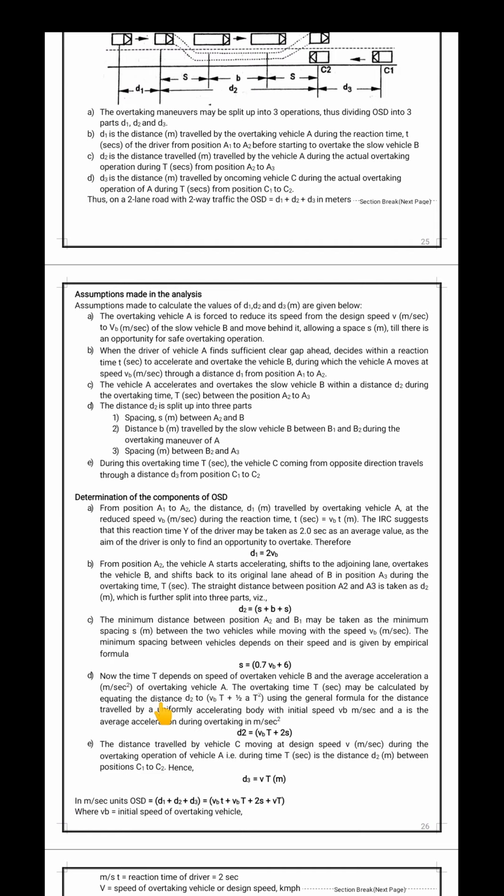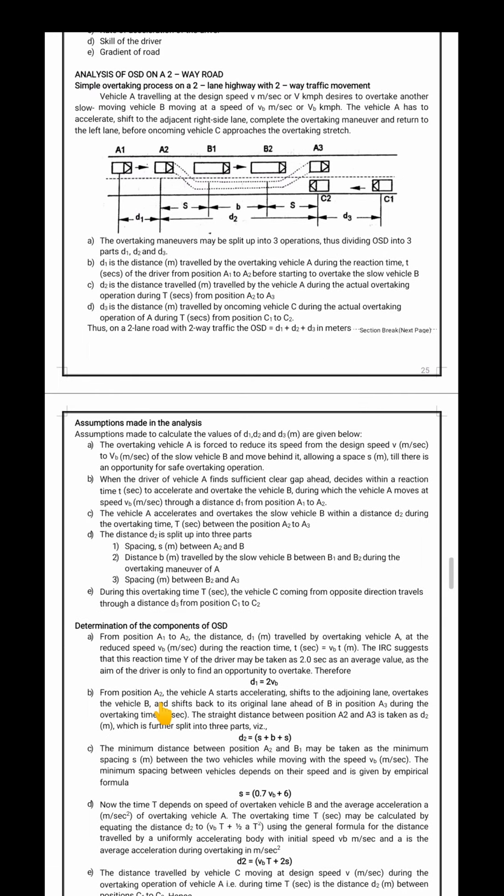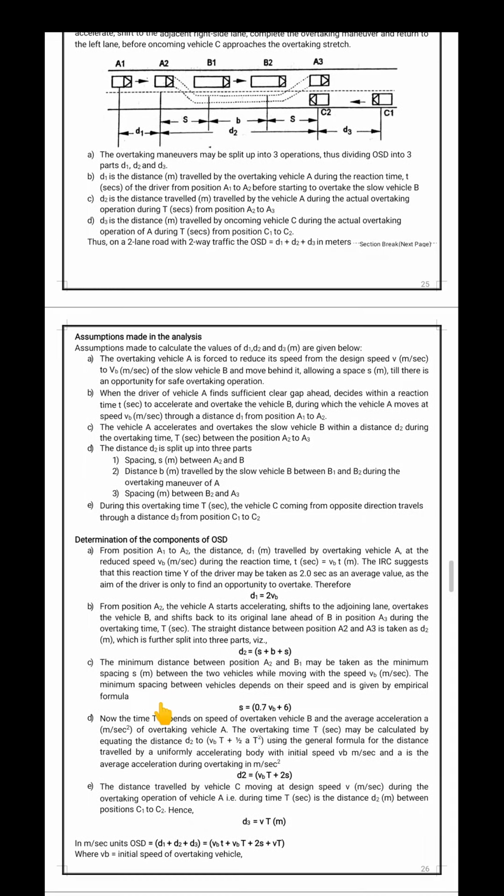It is the velocity of the slow moving vehicle, vb into capital T. Capital T is the overtaking operation time, during which the vehicle has to move from B1 to B2, that is your b, and s is given, that is 0.7 times the vb plus 6. So your D2 is equal to small vb into t plus 2 times the s.